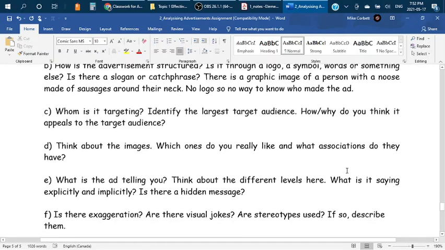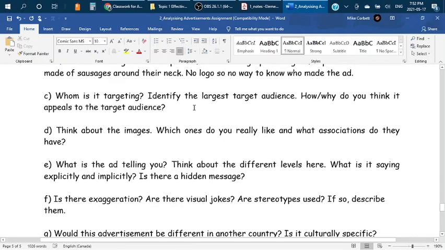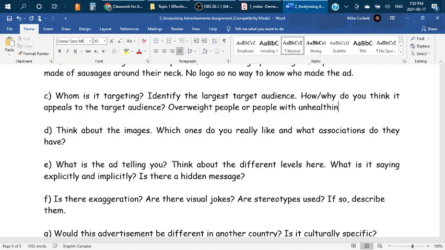So who is the target audience? We're going to say in this particular case probably overweight people perhaps, or people with unhealthy lifestyles.